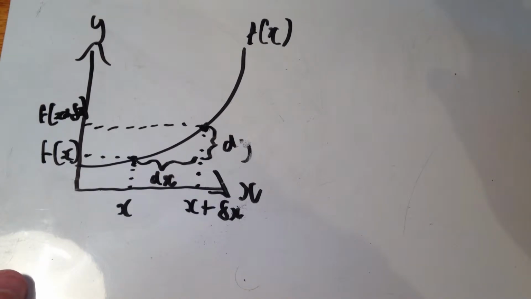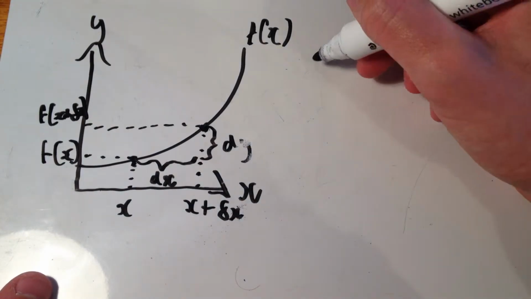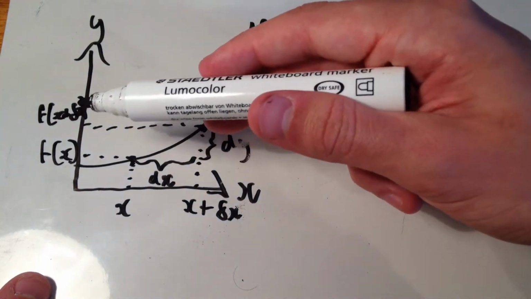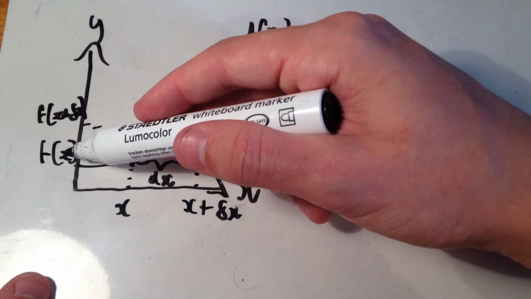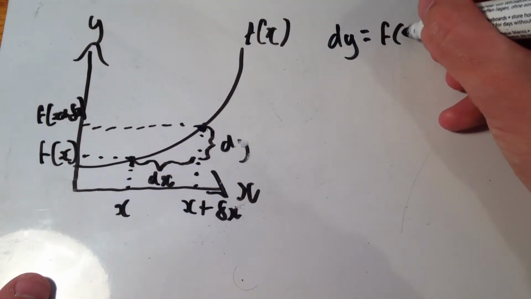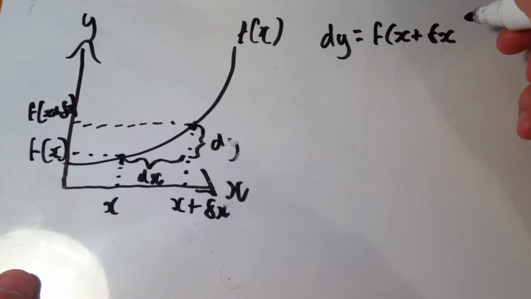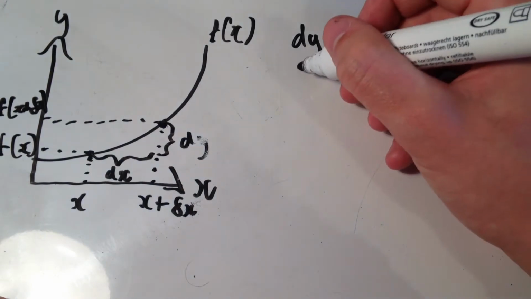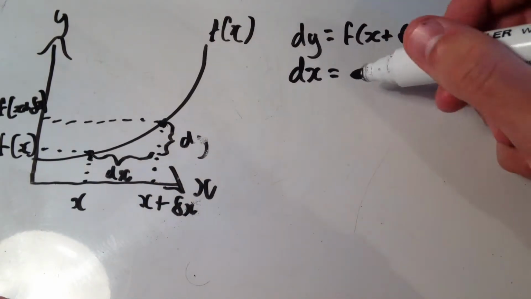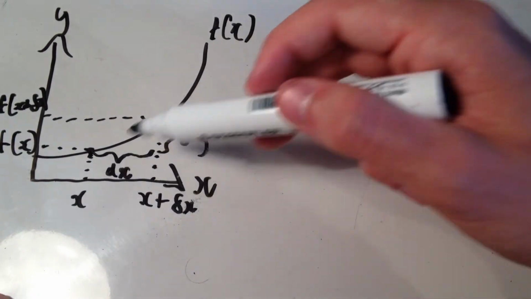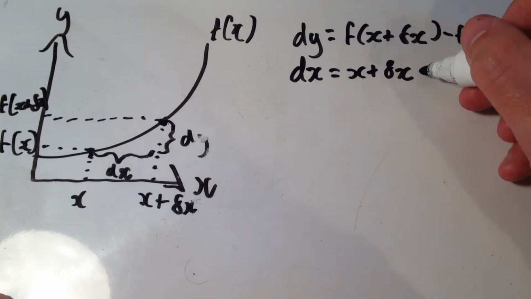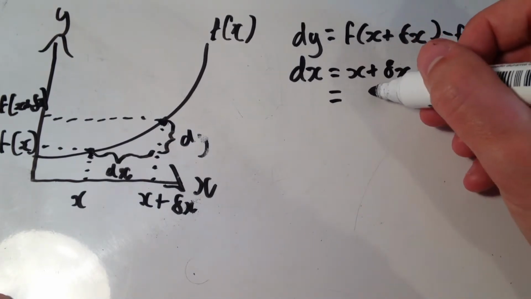And so, if we were to just try doing the difference in y over the difference in x in this case, dy would equal f of x plus dx minus f of x to get this distance, and the difference in x in this case would be x plus dx minus x to get this distance, which just leaves us with dx.